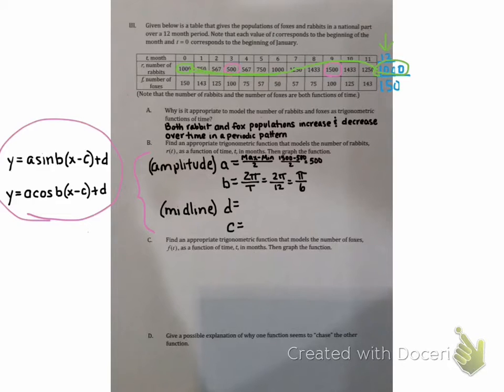So my midline, my D value, how am I going to find that? Well, we're going to use that amplitude and my maximum and minimum. So take a look up here when I was doing these values. Right here, do you see there's my maximum, which was 1,500, and my minimum is 500.